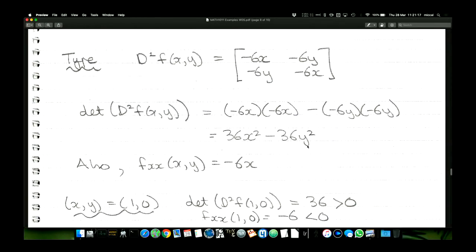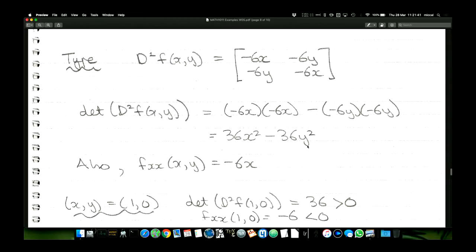So I don't plug the points in yet. I calculate the Hessian: the second order derivative with respect to x, top left, y, bottom right, and then the mixed ones, top right and bottom left, and calculate its determinant as a function. So top left times bottom right minus top right times bottom left. I find this is just 36x squared minus 36y squared.